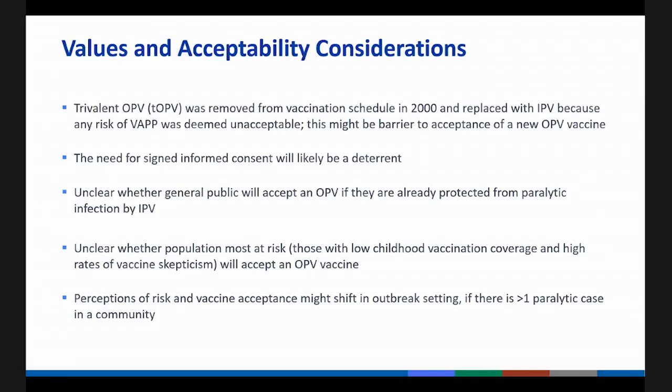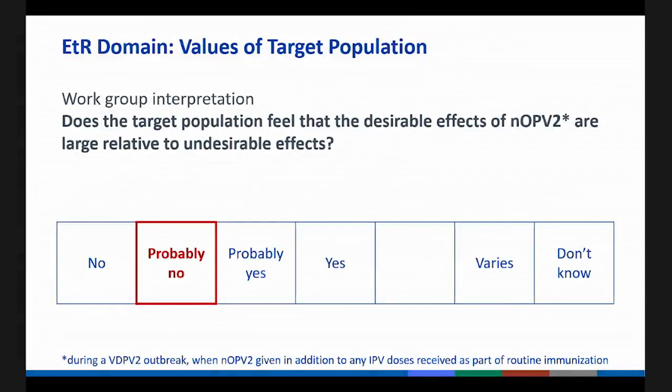And then it's also, similarly, unclear whether the populations most at risk, those with low childhood vaccination coverage and high rates of vaccine skepticism, will accept an OPV vaccine. But the work group noted that perceptions of risk and vaccine acceptance might shift in an outbreak setting, particularly if there is more than one paralytic case in a community. So a clear majority of the work group agreed that the target population probably does not feel that the desirable effects of NOPV2 are large relative to the undesirable effects.